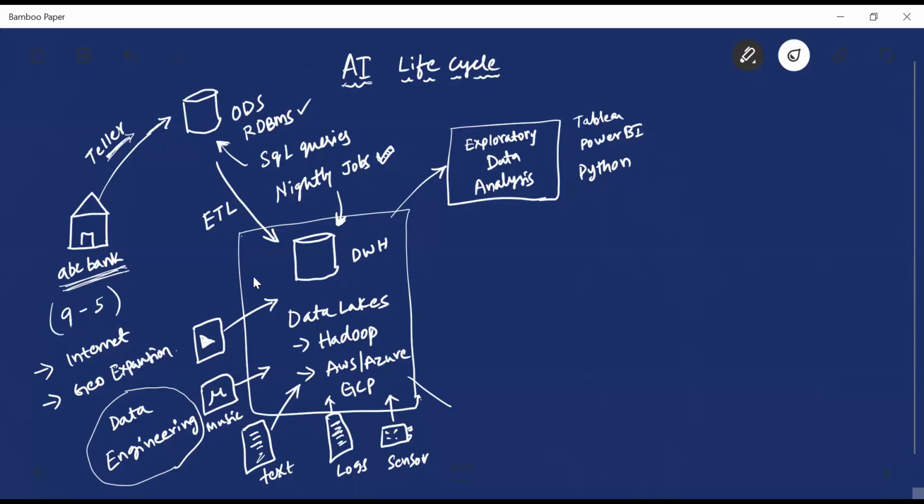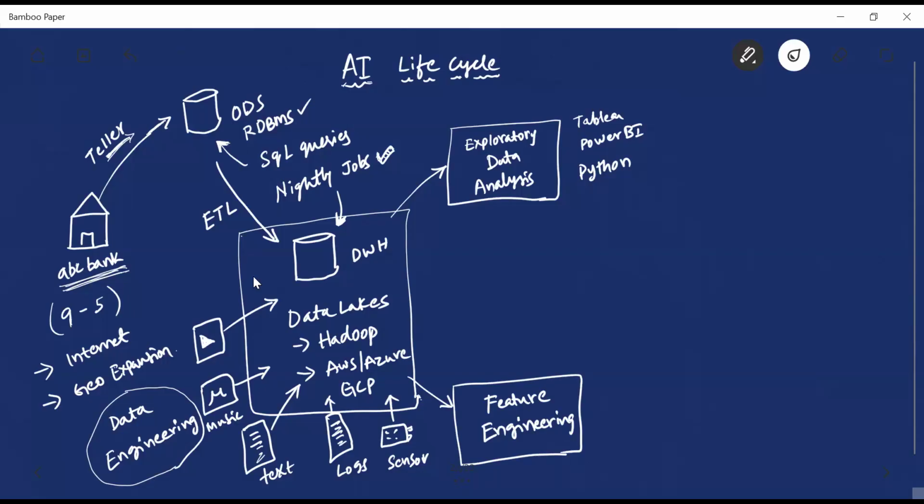Another interesting area, which is very close to data engineering, is called feature engineering. In feature engineering, we try to create something called features, which are reusable components.